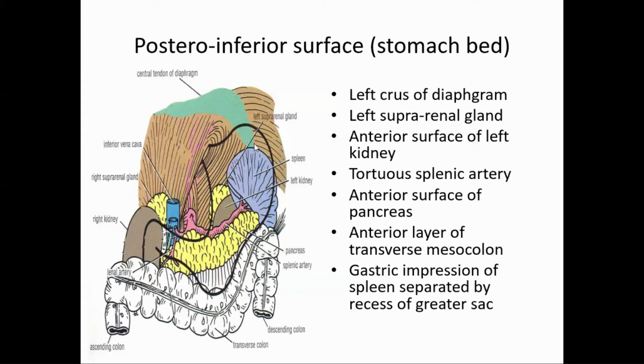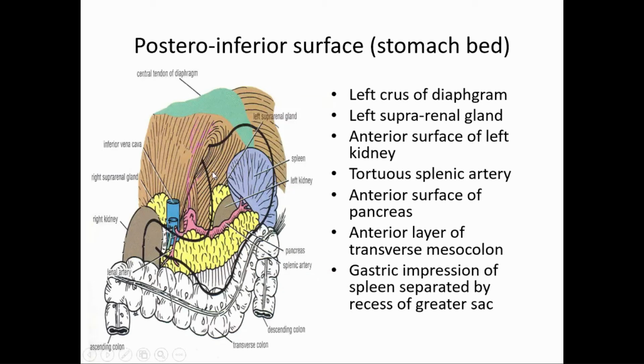From above downwards, they are the left crus of the diaphragm, then the left suprarenal gland. Always remember, you have to add the left, because this stomach lies on the left side of our body.